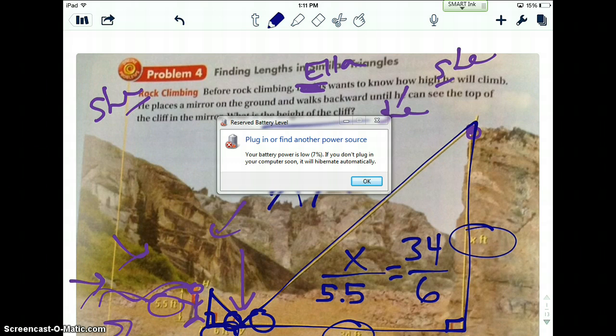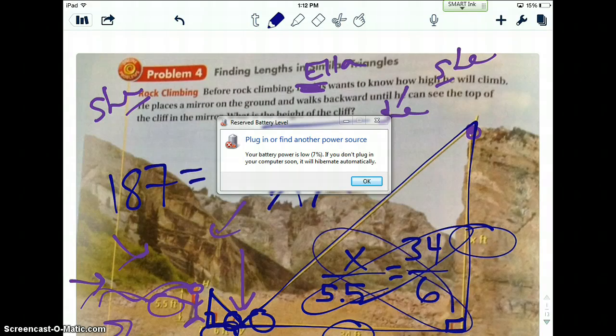And then I go ahead and solve this. The way I'm going to do it is by using the product of the means and extremes. So I have 34 times 5.5, and I'm at 187. And that equals the product of 6 and x, the extremes. Divide by 6.